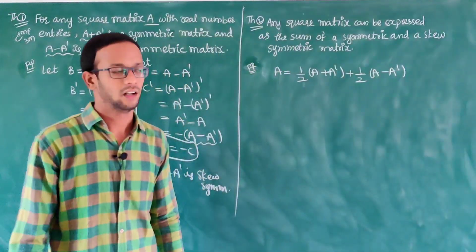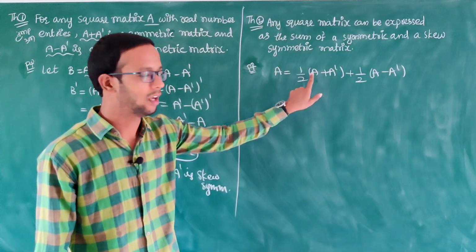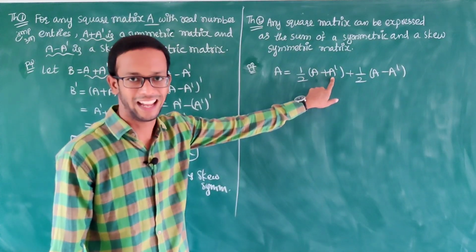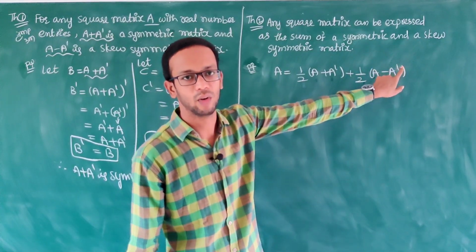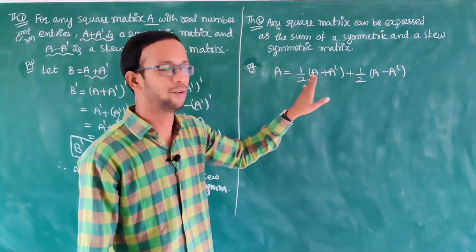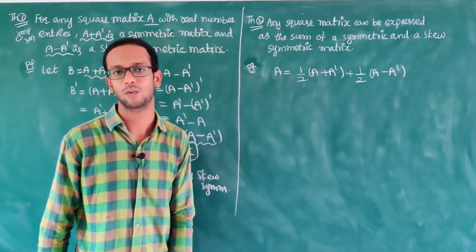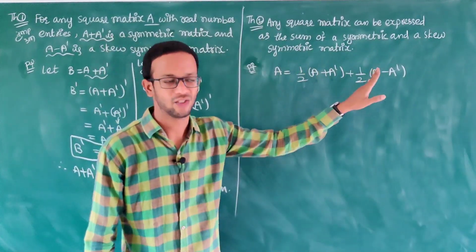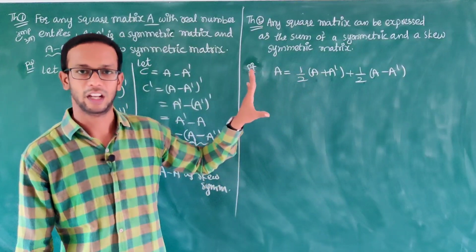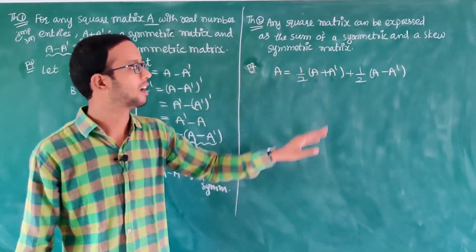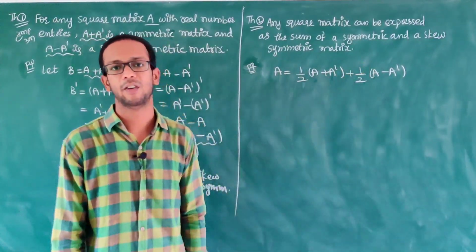If you multiply out, 1 by 2 A plus 1 by 2 A dash plus 1 by 2 A minus 1 by 2 A dash, plus and minus cancel, and 1 by 2 A plus 1 by 2 A gives A again. So we can express it this way, but we have to check whether the parts are symmetric and skew symmetric.